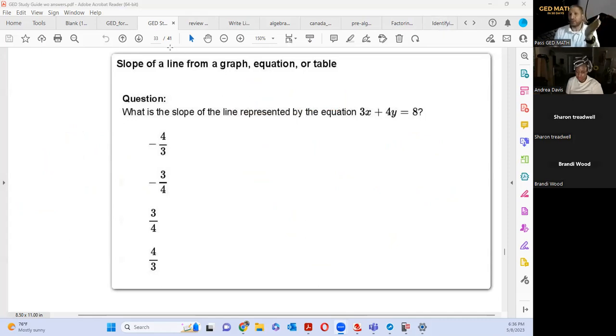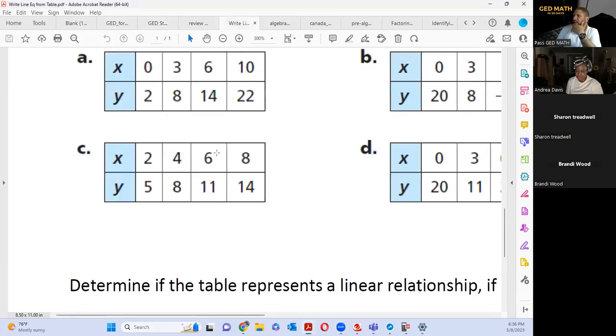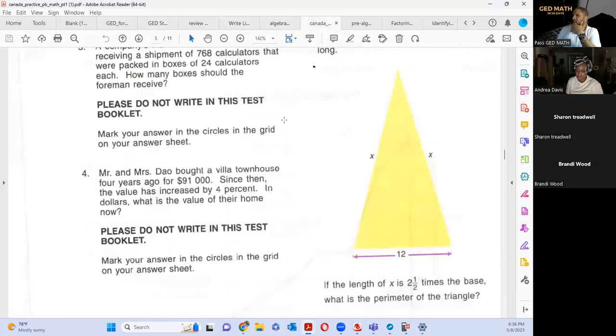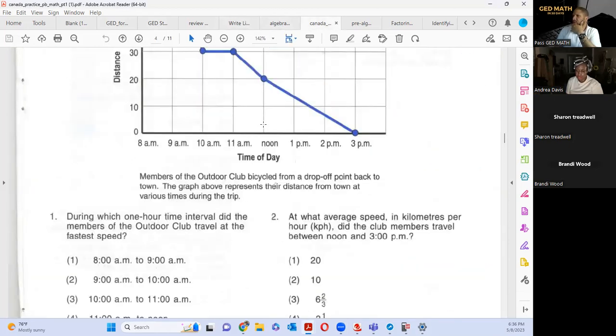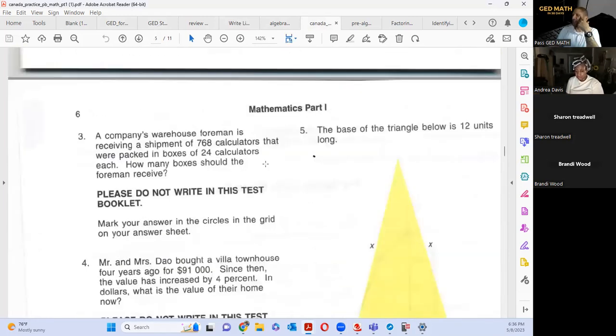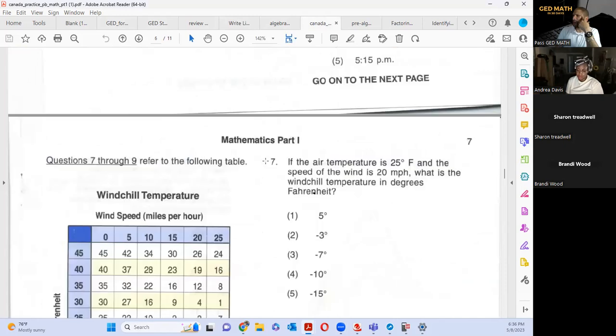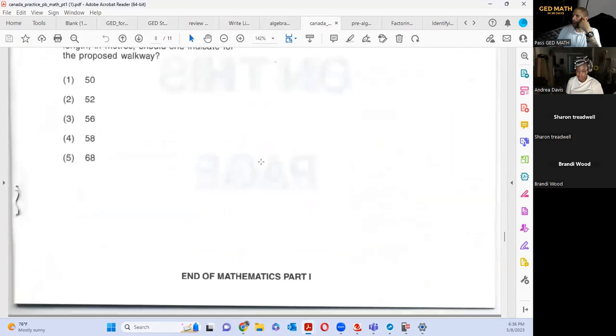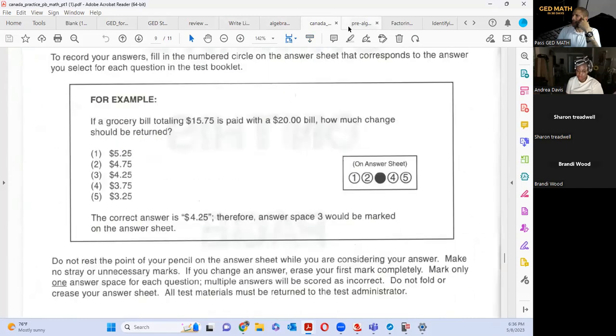Now, there might be other answer types too. Let me see if I can find a word problem fairly quickly. This is the Canadian test. I was helping somebody over the weekend study for the Canadian exam.